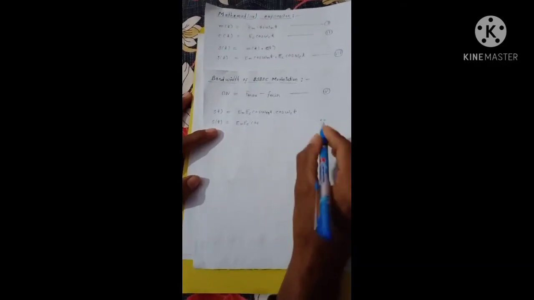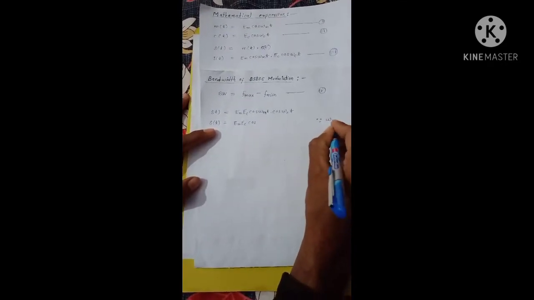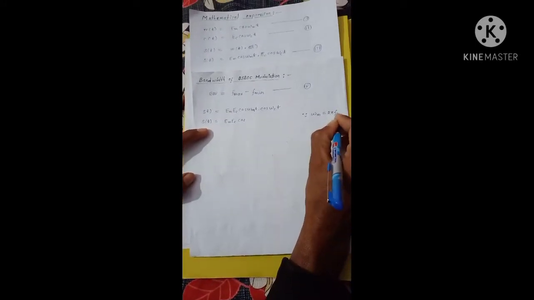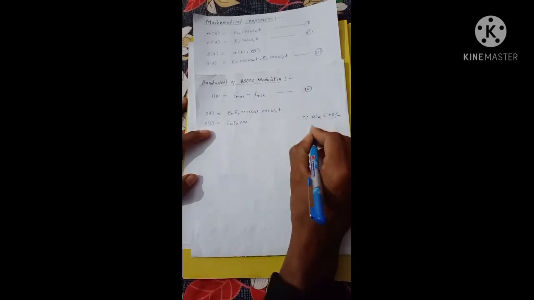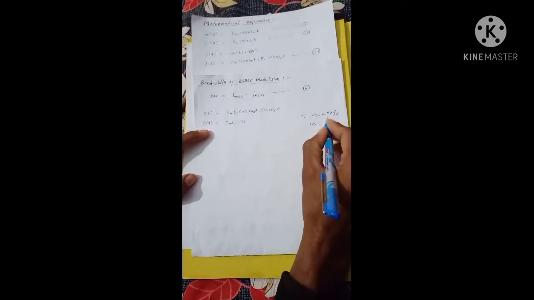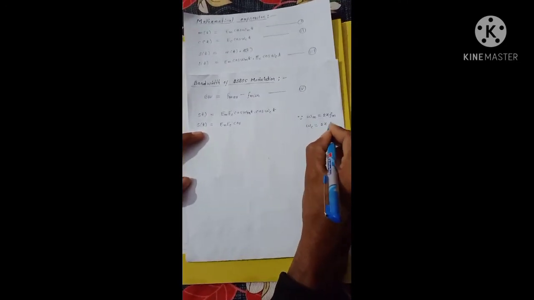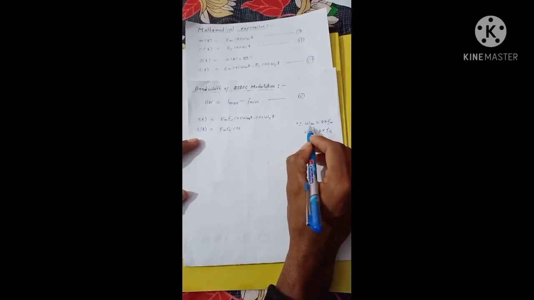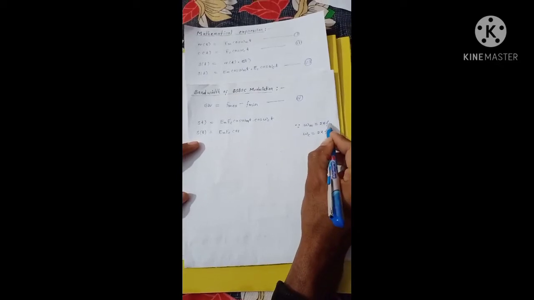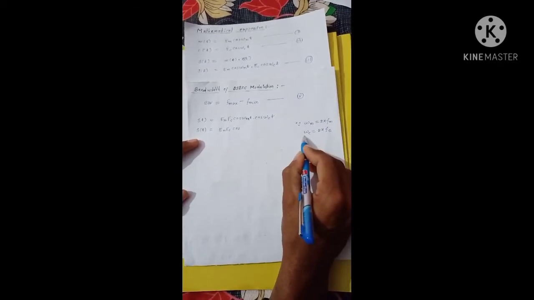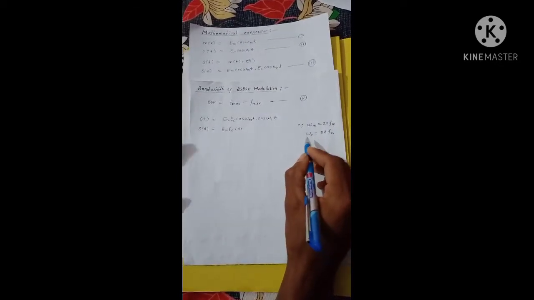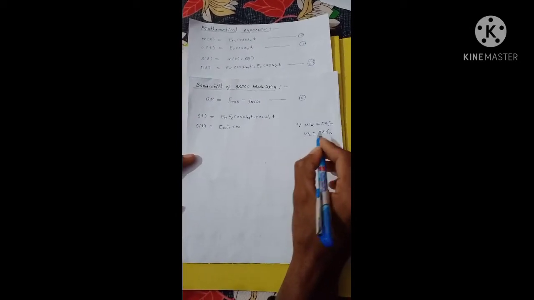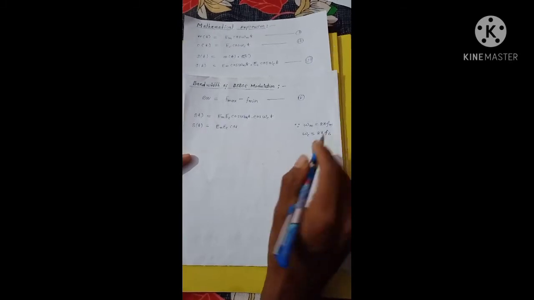Since omega m is equal to 2 pi fm and omega c is equal to 2 pi fc, this omega m is the angular velocity at the frequency fm, and omega c is the angular velocity at the frequency fc.